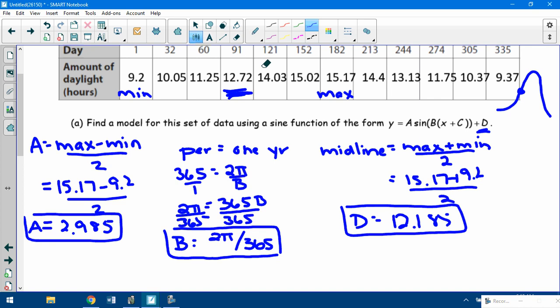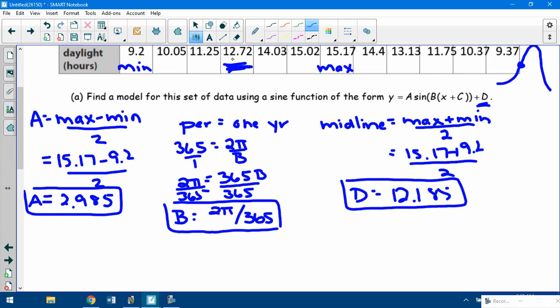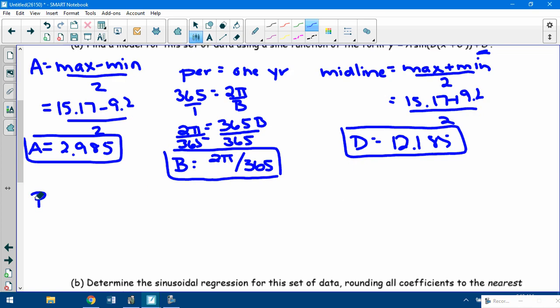And that's a shift of 91 days to the right. So for the phase shift, x equals, or t equals 91, is close to that midline of 12.185.